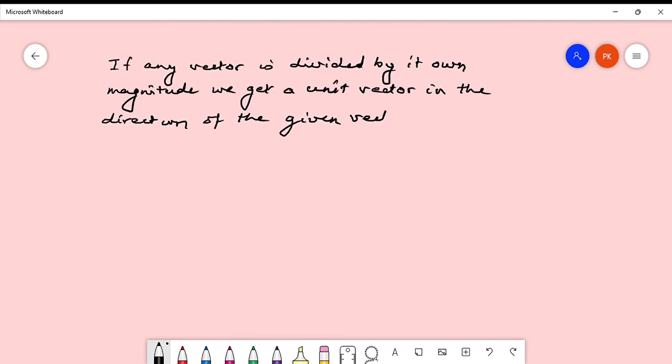When we divide any vector by its own magnitude, you are making the magnitude of the vector 1, and any vector with magnitude 1 is a unit vector.